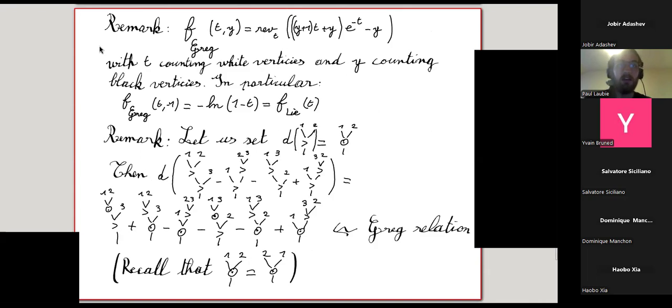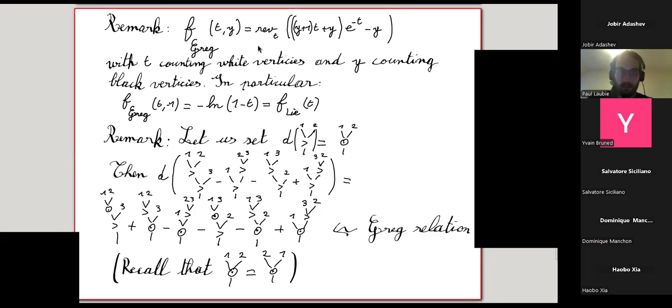So the Hilbert generating series has an extra grading: we have t, which counts the number of white vertices, which is exactly the arity, and we have also an extra grading y, which is the number of black vertices.